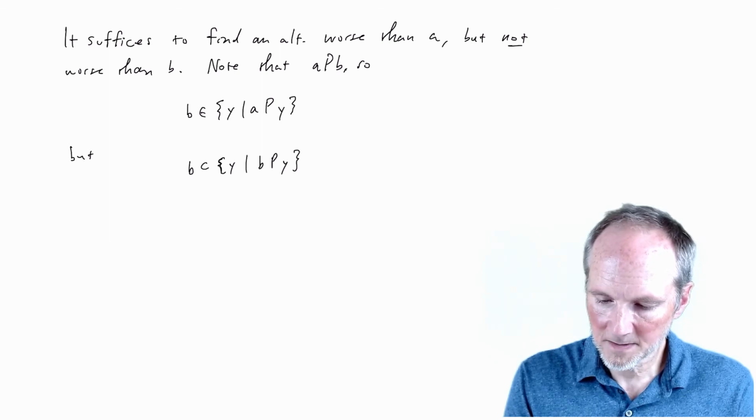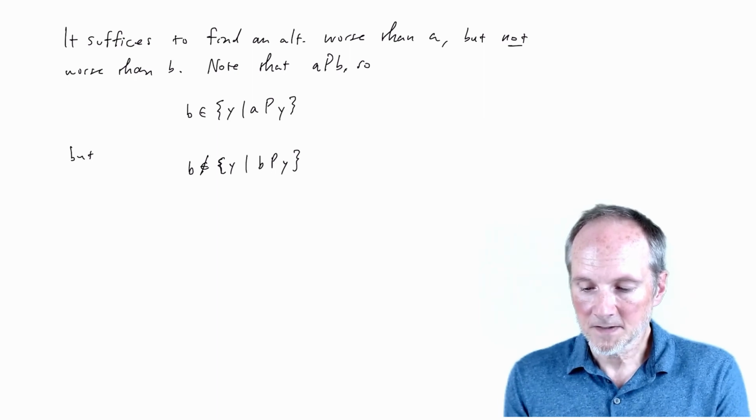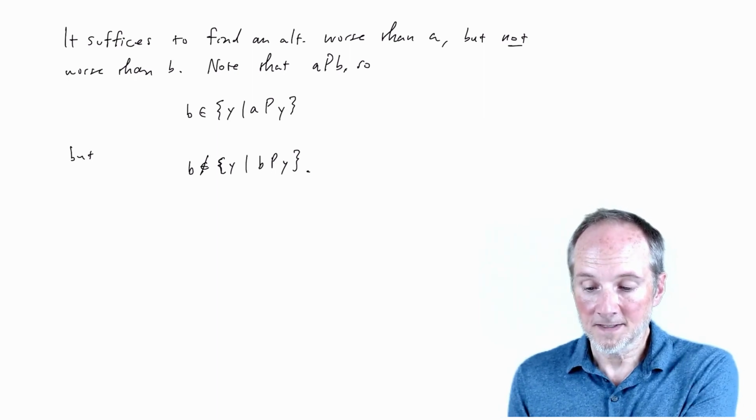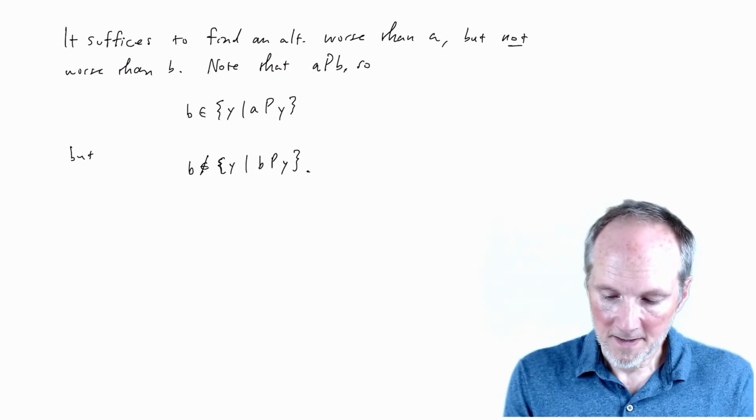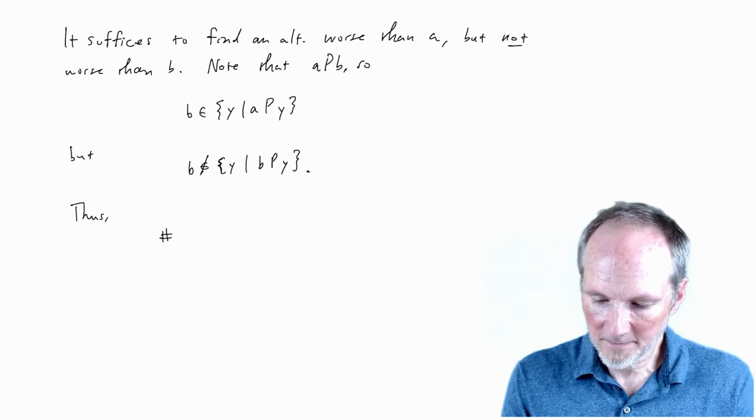The way we write that is this element sign with a slash through it. So that gives us something worse than A that's not worse than B, and thus we get the inequality we wanted finally.